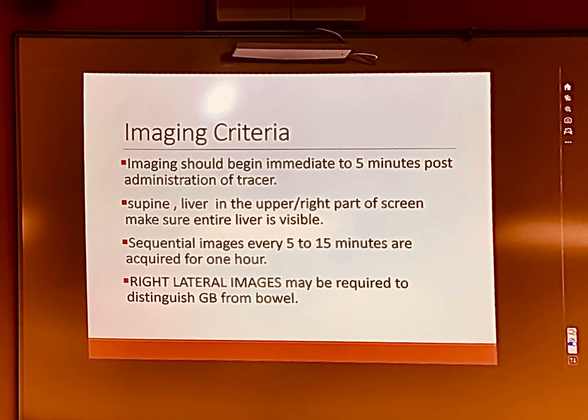Your left anterior oblique image will pull the gallbladder off of the common bile duct. If you have a dilated common bile duct, it will rotate it off so that you can separate the common bile duct from the gallbladder activity.